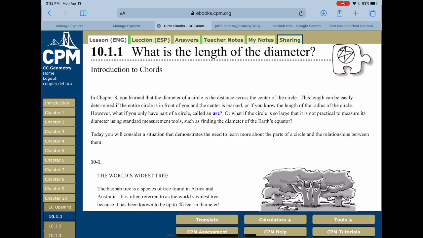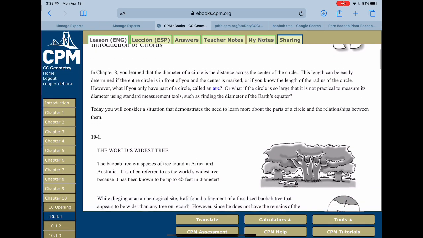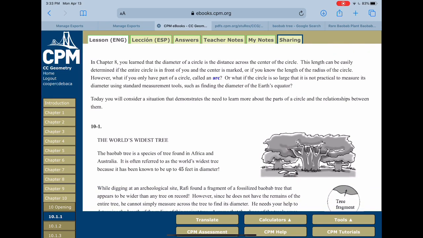However, what if you only have part of the circle, called an arc? Or what if the circle is so large that it is not practical to measure its diameter using standard measurement tools, such as finding the diameter of the Earth's equator? Today you will consider a situation that demonstrates the need to learn more about the parts of a circle and the relationships between them.